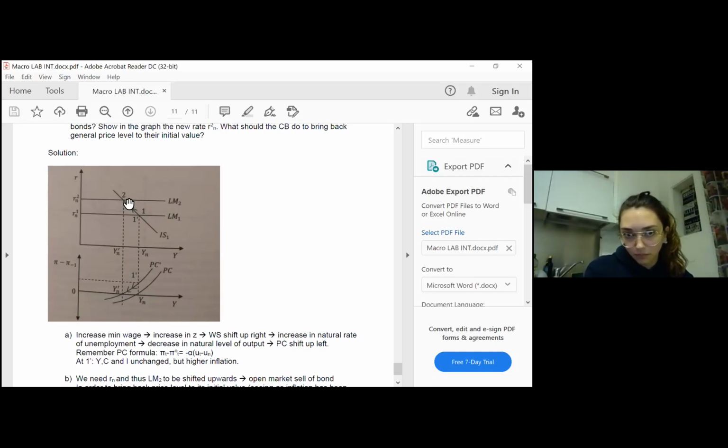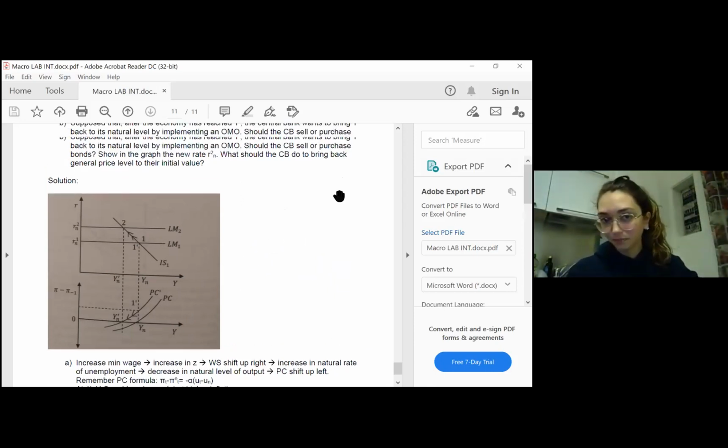By shifting LM up, the equilibrium is going to be at its natural level and cross at 0. How can you bring this LM up? By doing an open market operation and selling bonds, because when you sell bonds, you increase the supply of bonds in the market, and thus prices of bonds decrease and interest rates increase.